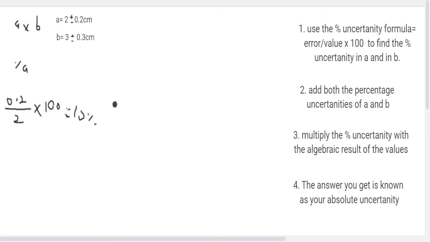Now, I told you earlier that I would add both percentage uncertainties. So I will find the percentage uncertainty of B and then I would add it with A.